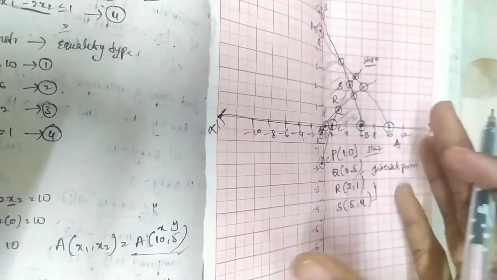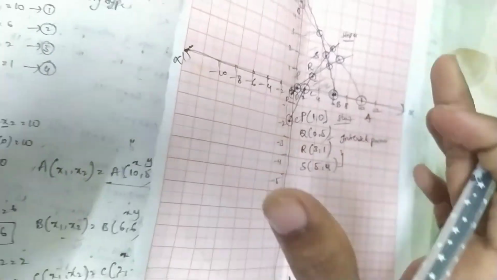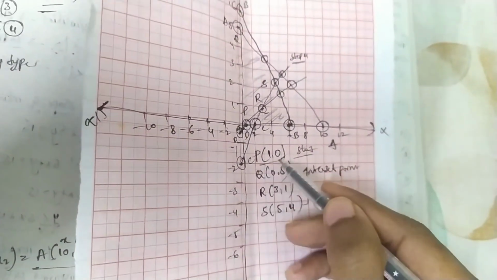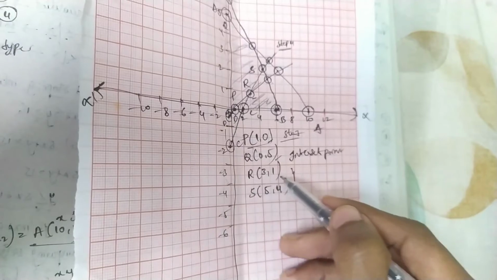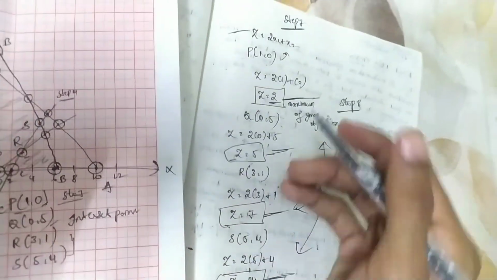By extending these plotted points, we get the intersect points. Depending on the constraint condition, we take the points that we get like this: P of 1 comma 0, 0 comma 5, 3 comma 1 and 5 comma 4. These obtained intersect points we have to substitute in the z function in step 7.